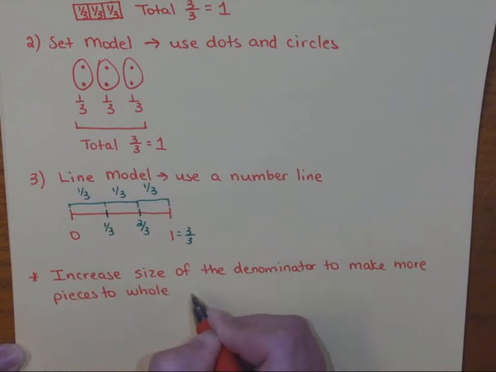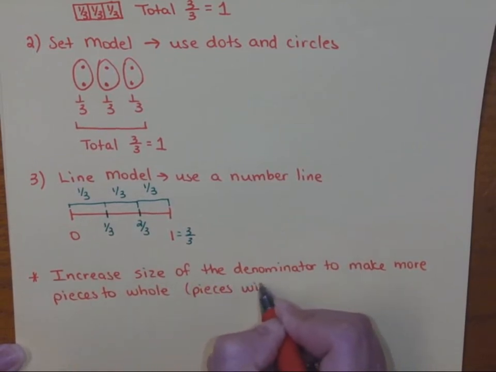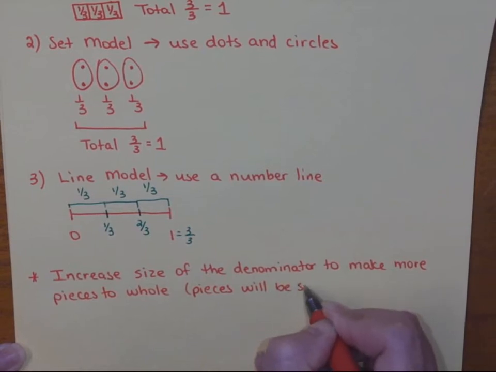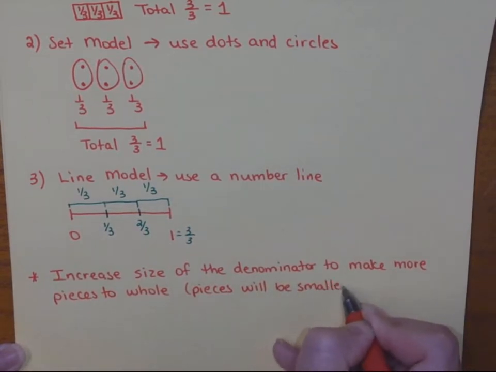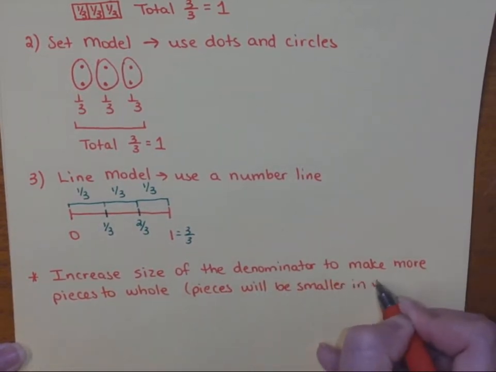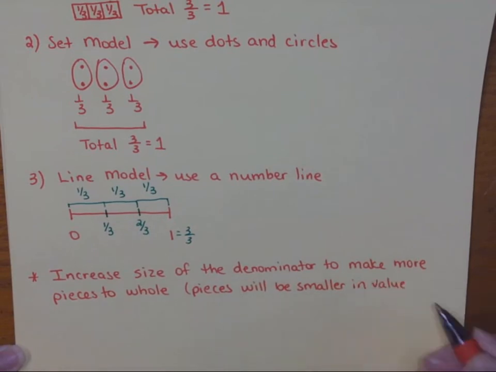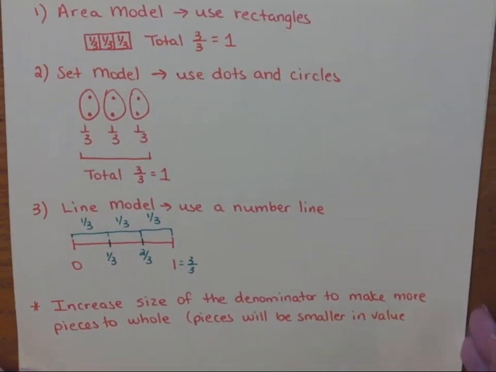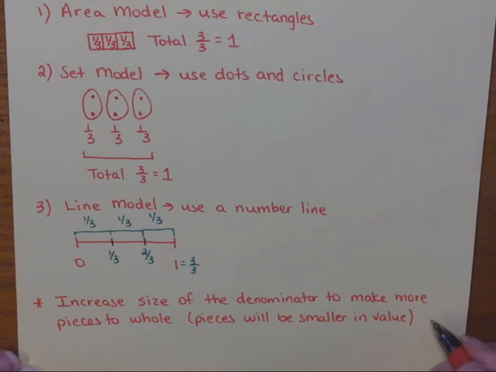But when you do that, the pieces will be smaller in value. So think about a pizza. If you split a pizza into 2 pieces, those pieces are fairly large, right? If you try to split the pizza into, say, 10 pieces, those pieces, although there'll be more of them, will be less large, right? The values will be less.